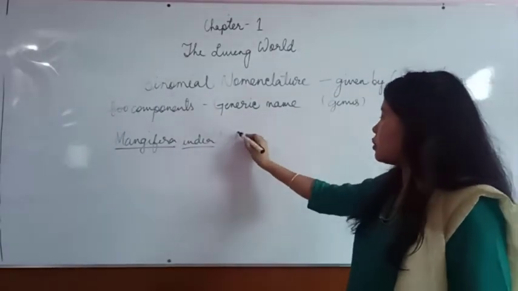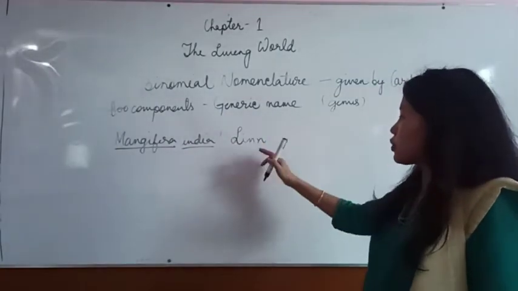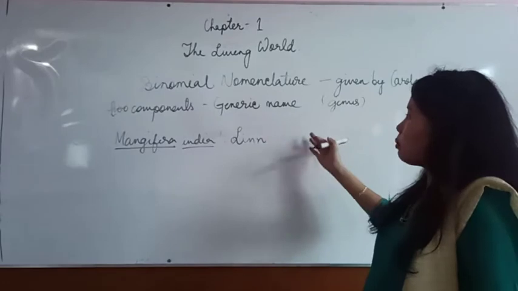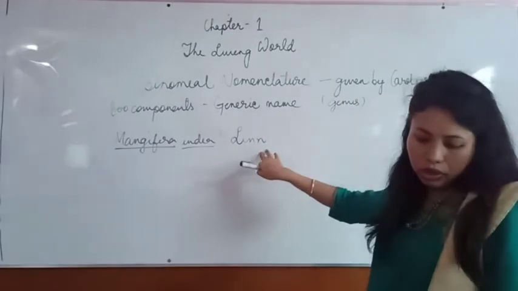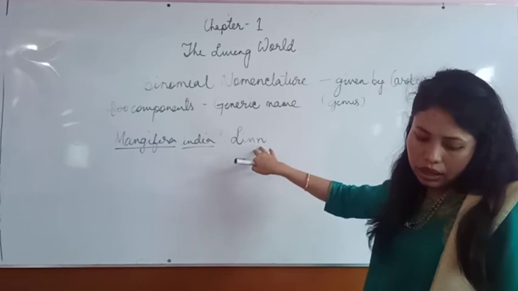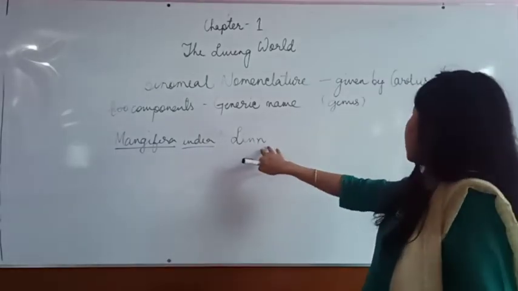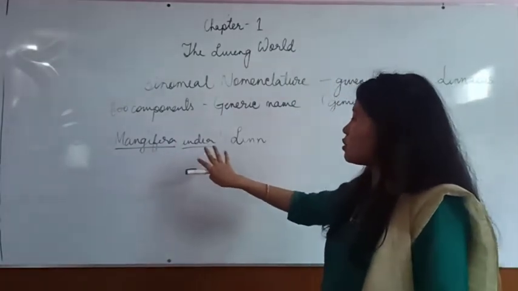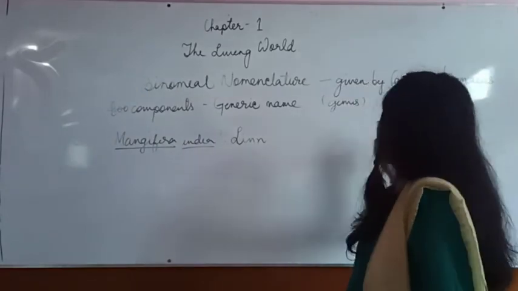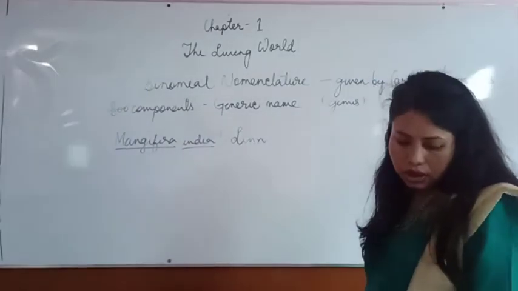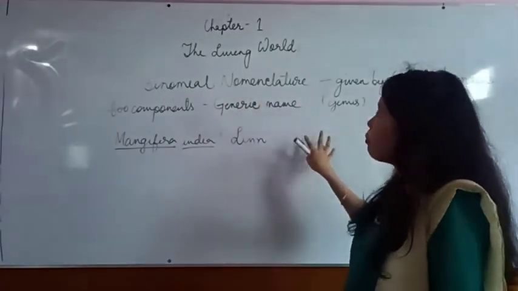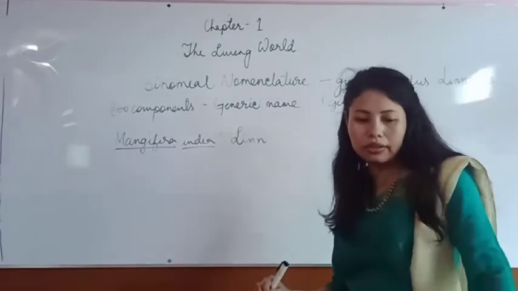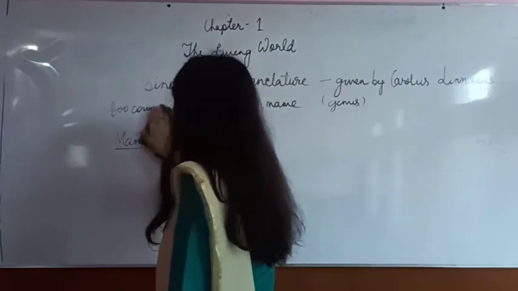Sometimes the person who described the organism or the plant for the first time is represented this way. It indicates that the species Mangifera indica was first described by none other than Linnaeus. So this is how you use binomial nomenclature to give a scientific name to a living organism.